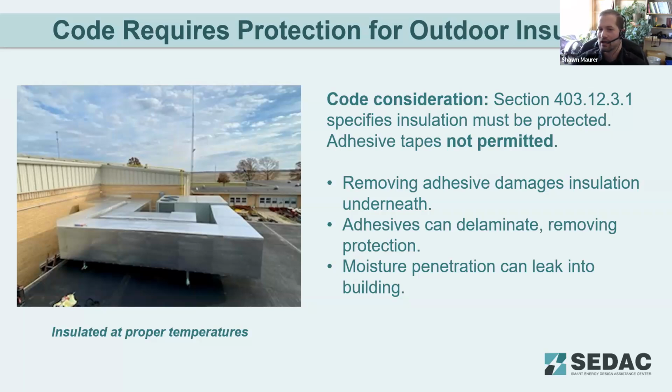So you can get compression, you get inconsistent application, you can get gaps and cracks between the seams of the tape that can allow moisture penetration and damage to the insulation underneath. So the energy code does not allow the use of adhesive tapes for the protection of insulation.